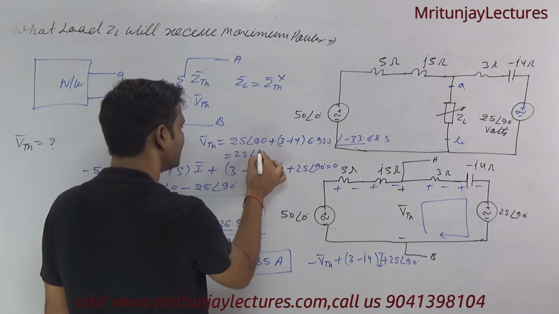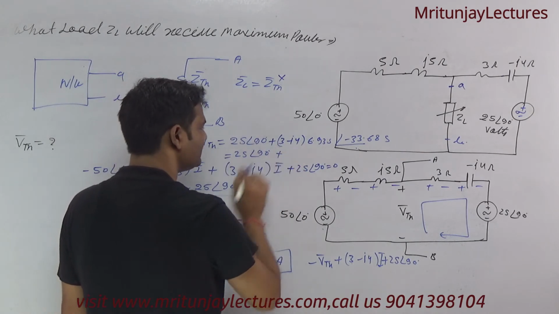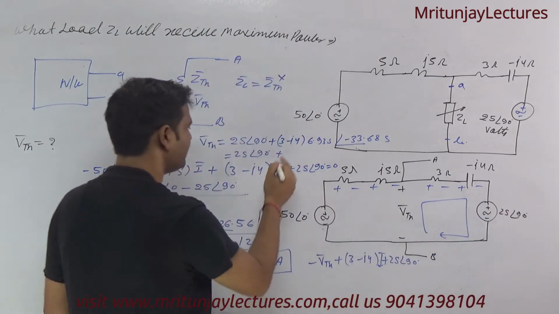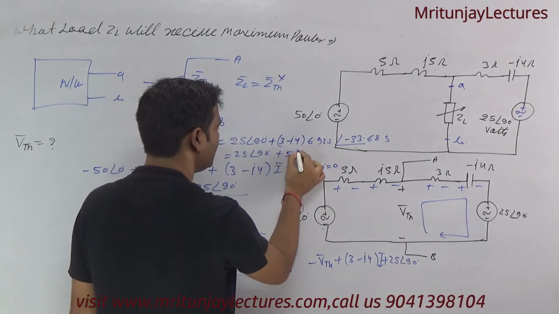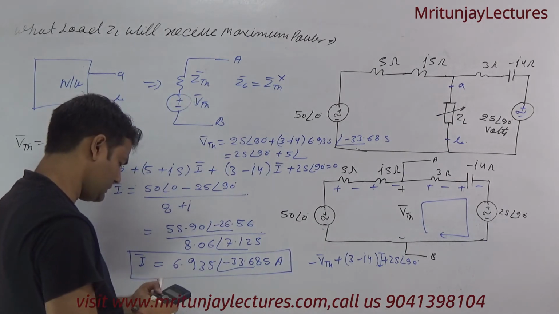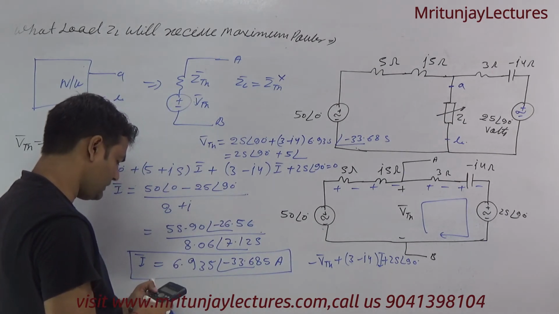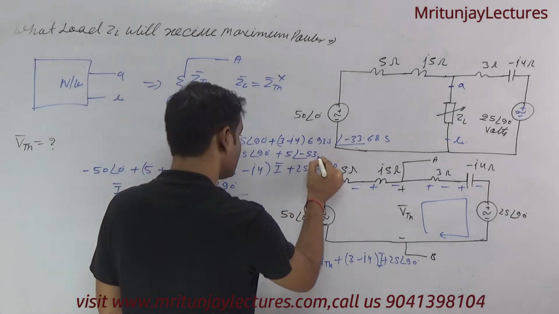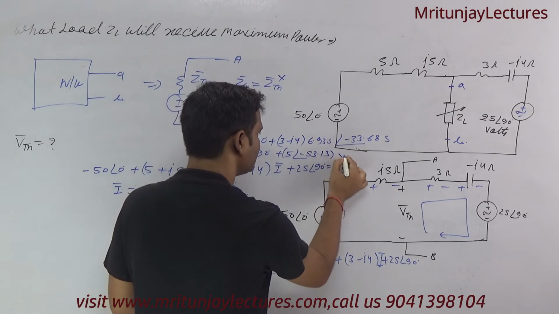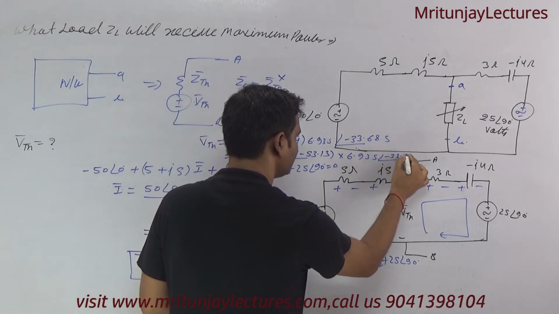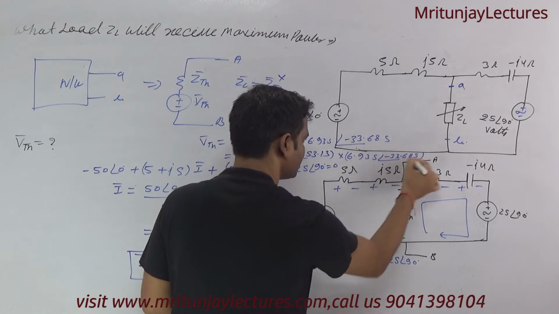Now 25 at the angle 90 degree, plus 3 minus j4, which is 5 at the angle minus 53.13, multiplied by 6.935 at the angle minus 33.685. Clear or not?